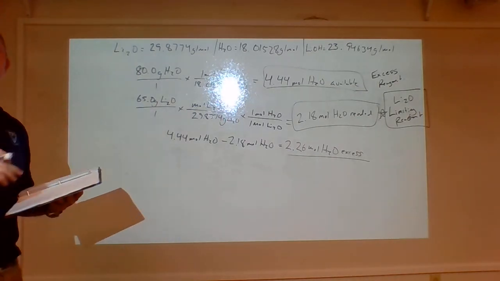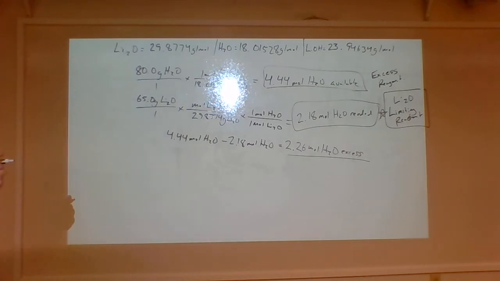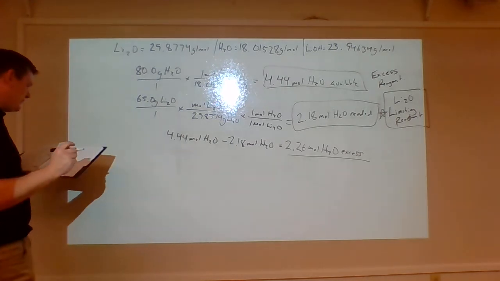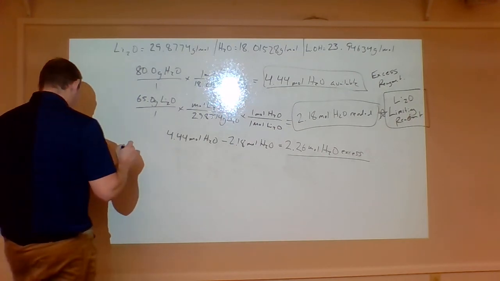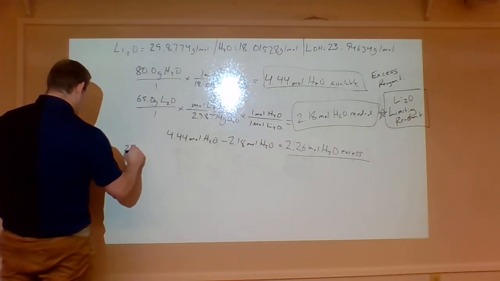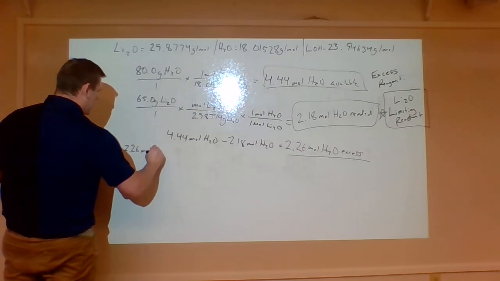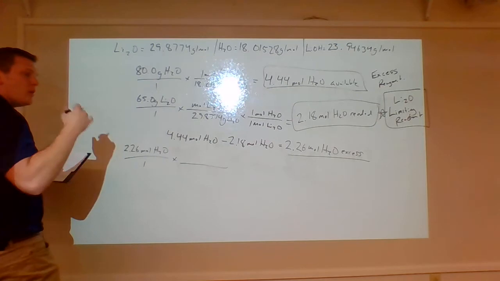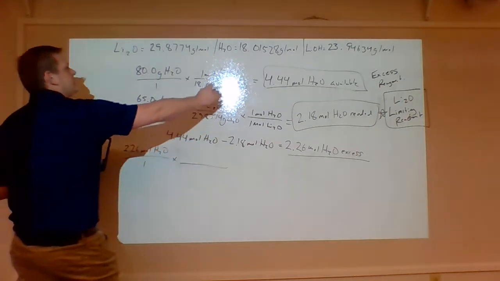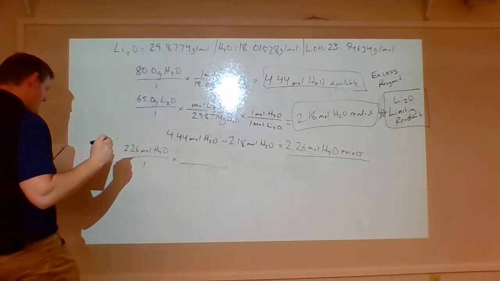If we want to convert that now back into grams of H2O that's in excess, we can do a mole to gram conversion. So we say 2.26 moles of H2O, and we do our mole to gram conversion, which again is our molar mass.